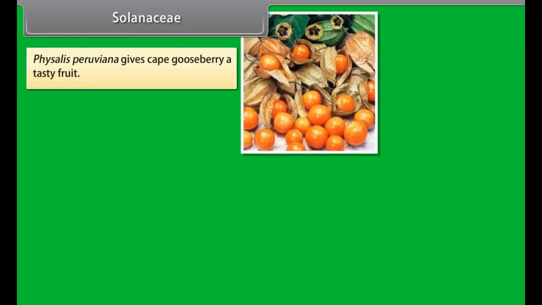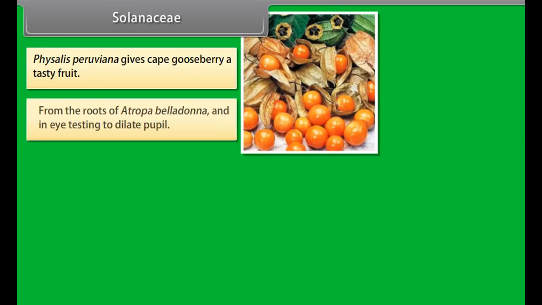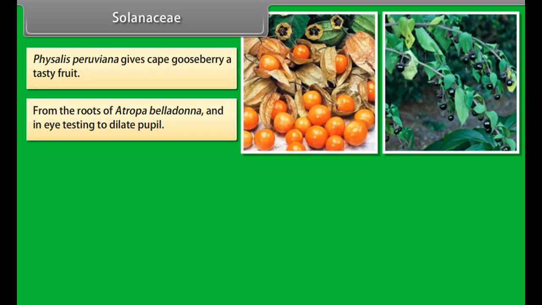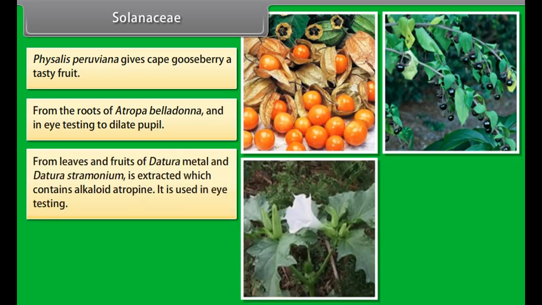Physalis peruviana gives Cape gooseberry, a tasty fruit. From the roots of Atropa belladonna, atropine is obtained, used in eye testing to dilate the pupil. From leaves and fruits of Datura metel and Datura stramonium, an extract is obtained which contains alkaloid atropine. It is used in eye testing.